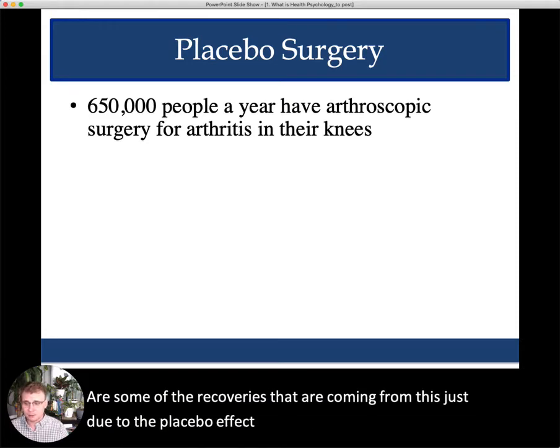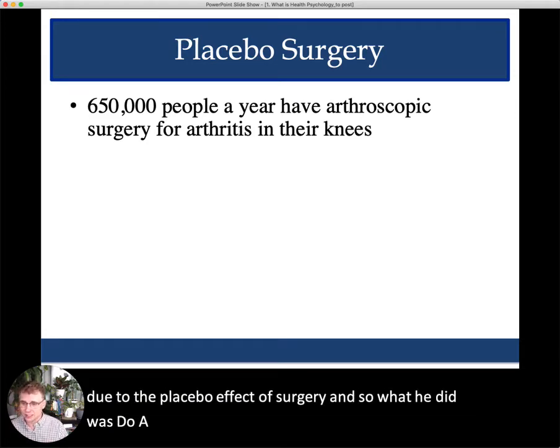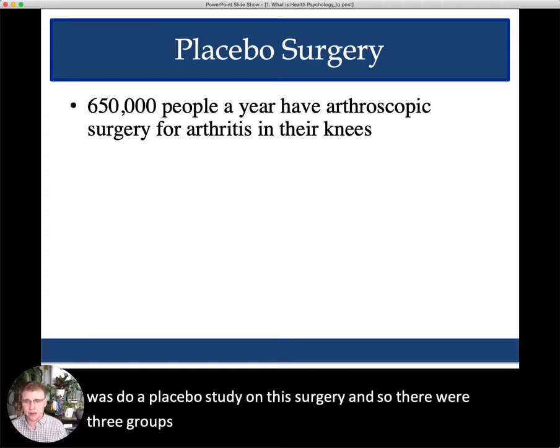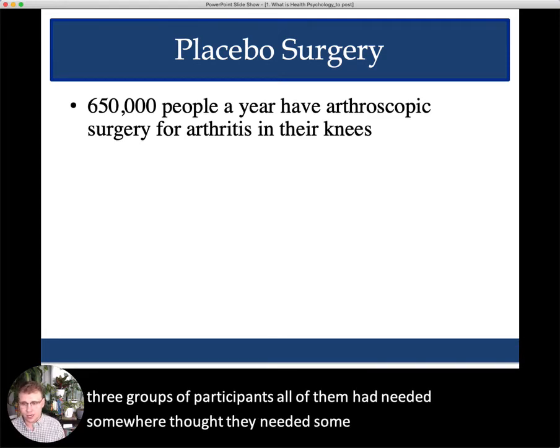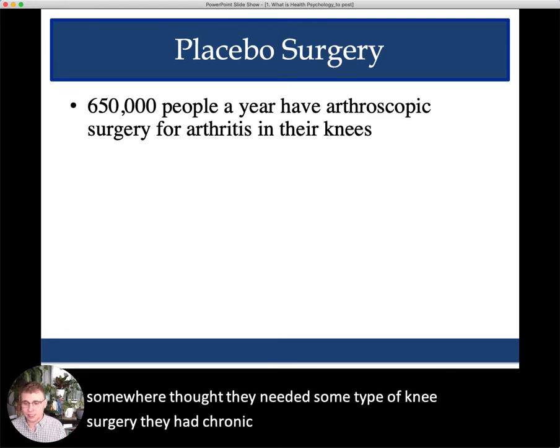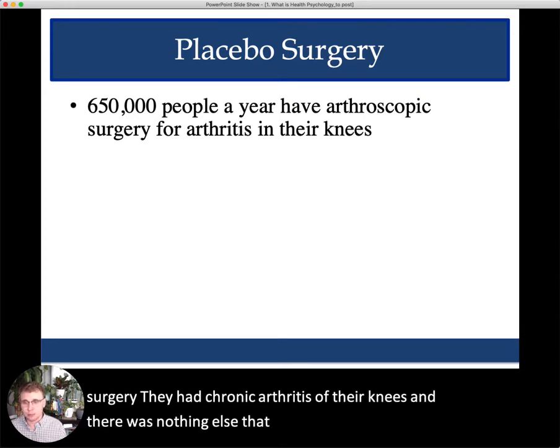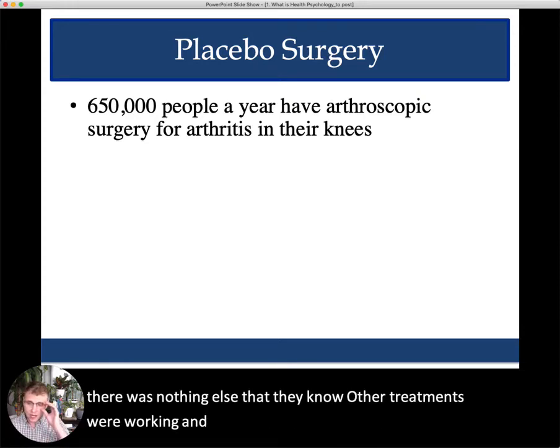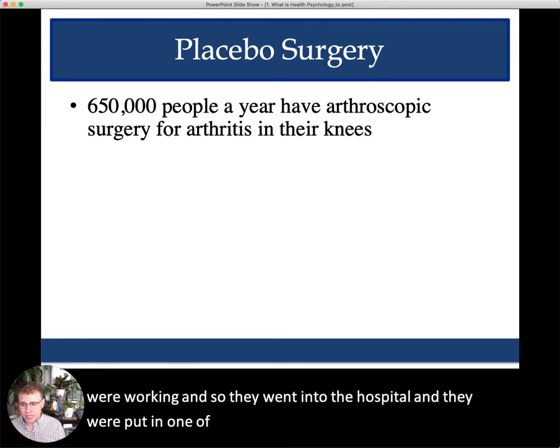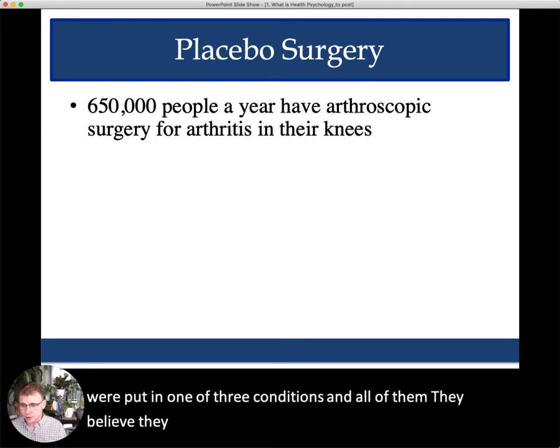And so what he did was do a placebo study on this surgery. There were 3 groups of participants. All of them had needed or thought they needed some type of knee surgery. They had chronic arthritis of their knees, and no other treatments were working. And so they went into the hospital, and they were put in 1 of 3 conditions, and all of them believed they were having real knee surgery.